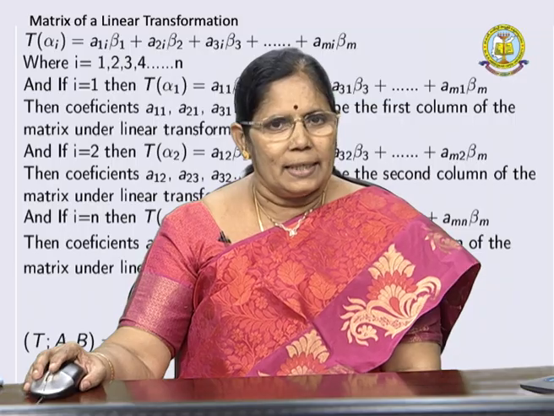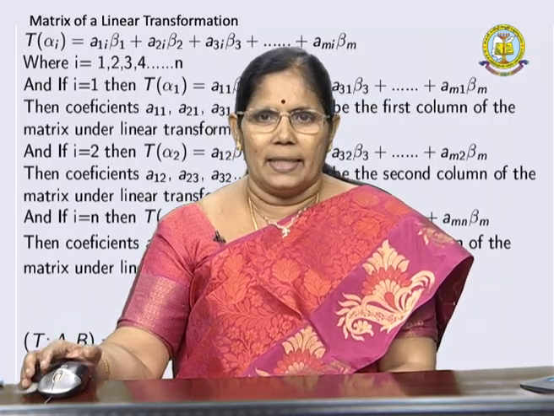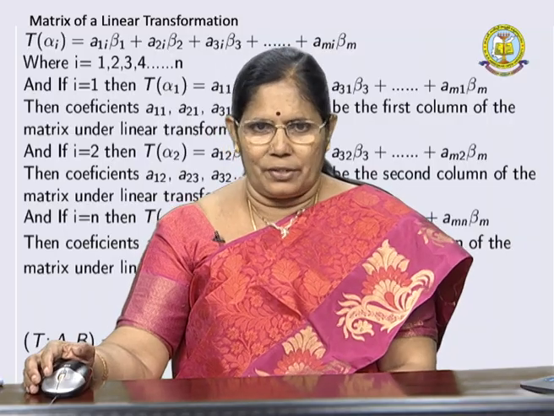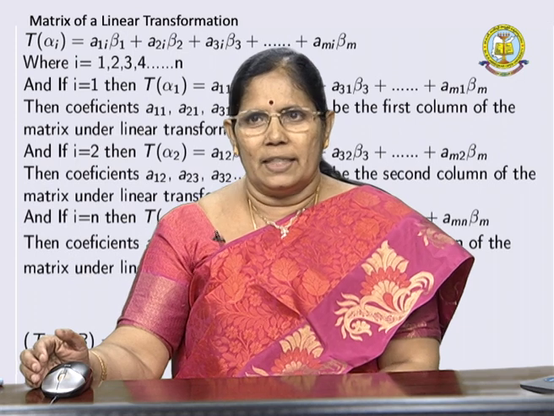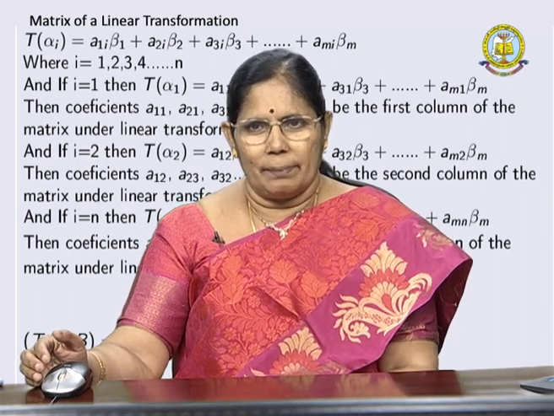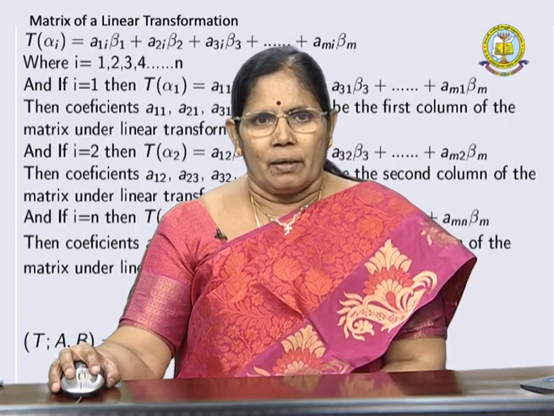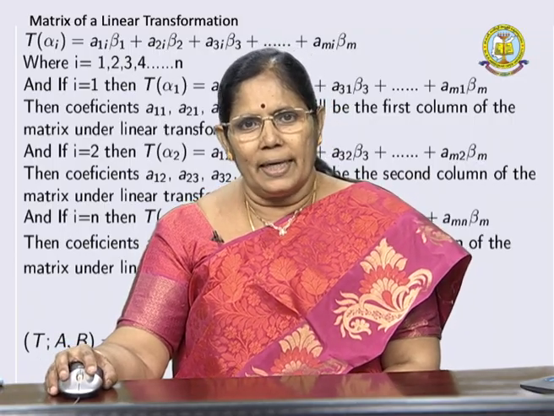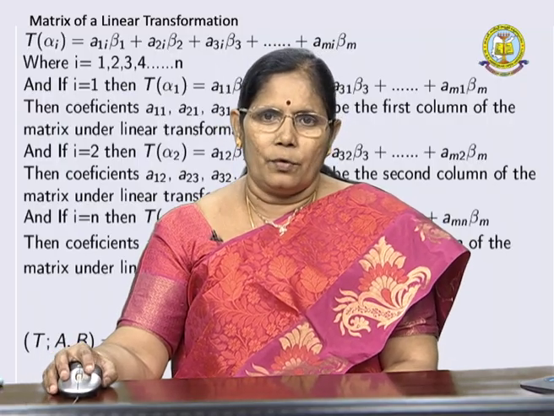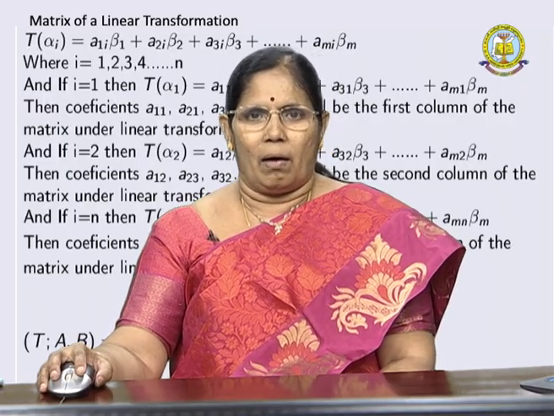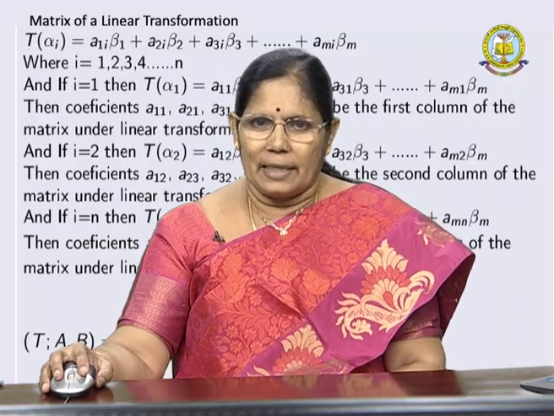So, we can easily prove that similarity of linear operators is an equivalence relation. What do you mean by equivalence relation? It is reflexive, symmetric and transitive. After defining similarity of linear operators, we say that two matrices A and B are similar if B is equal to C inverse AC.